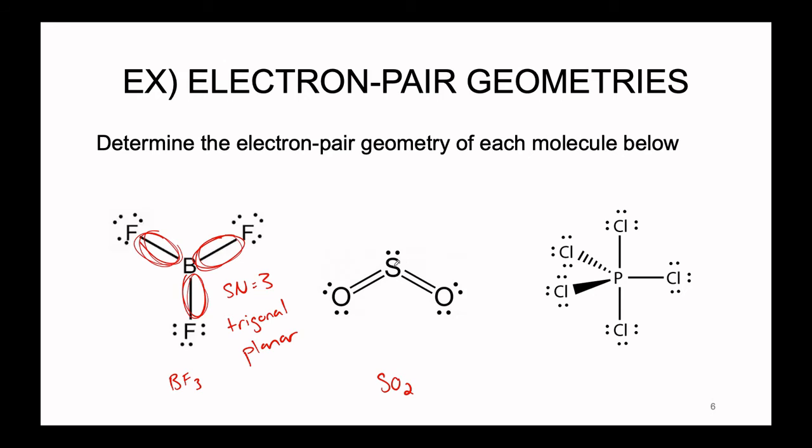All right, let's turn our attention to SO2. We can see that this central sulfur, yes, has expanded its octet. However, we are going to be looking for where the electron groups are. Where are the electron groups surrounding this central sulfur? Well, we can see that there is a lone pair up on top. There is a double bond down to the left and a double bond down to the right. Notice that I am not counting the double bond separately. This is one location.